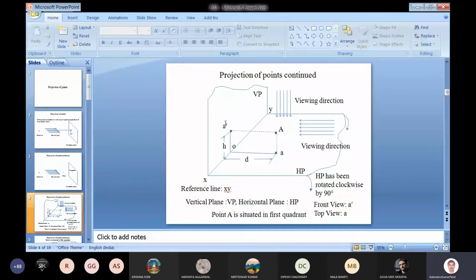On the vertical plane we write it as a dash, a small letter with a dash. And on the horizontal plane, the projection of point capital A is small a.